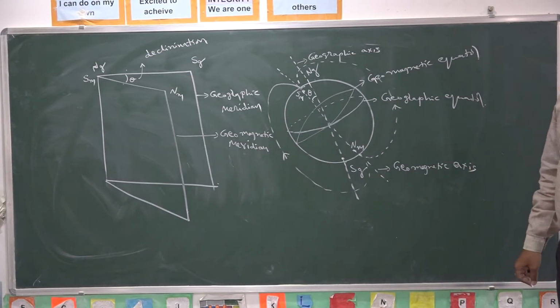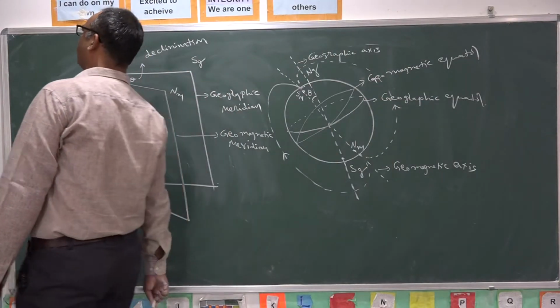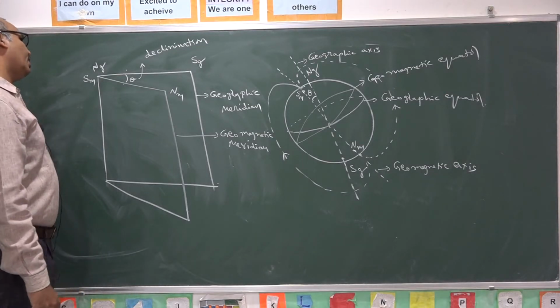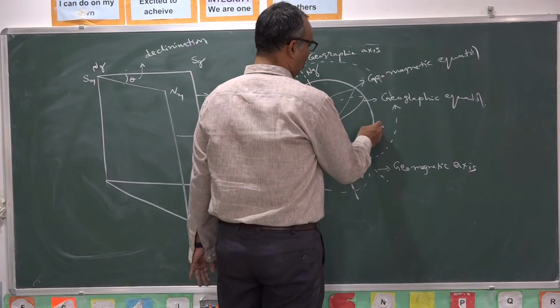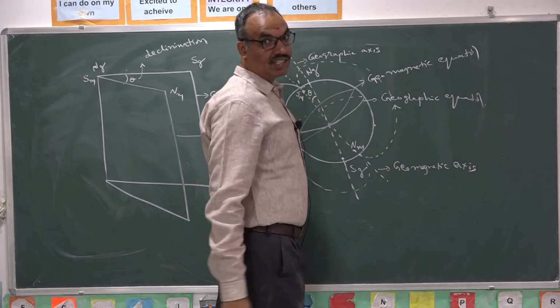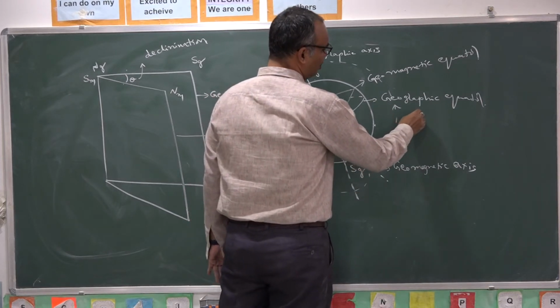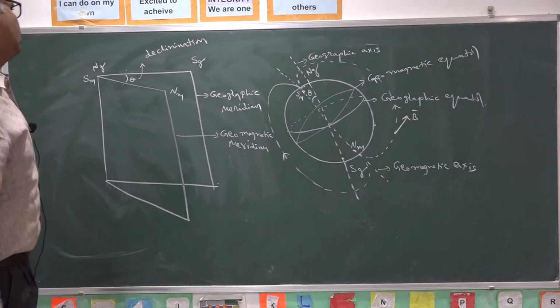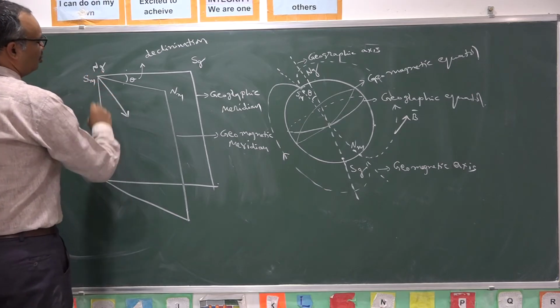Now, let us understand the second element of terrestrial magnetism. At a particular place, suppose I need the net magnetic induction vector due to earth magnetic field, what is the direction of magnetic field? Lines of force are going like this, you should draw a tangent. The tangent will give the net magnetic induction at that place. So this magnetic induction vector will lie in geomagnetic meridian.